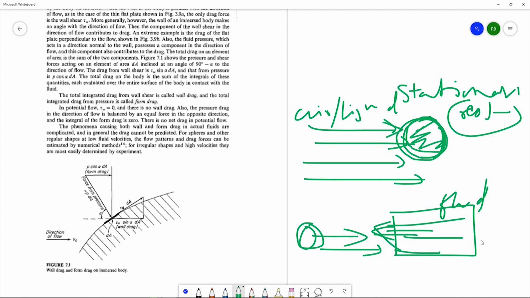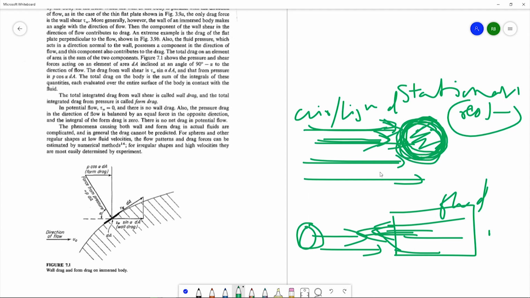Here the drag force will be in this direction, but in the other case the drag force will be in the other direction. It's relative, right? If the fluid wants to move in this direction, that means the object wants to move in the opposite direction, if you see it relatively.